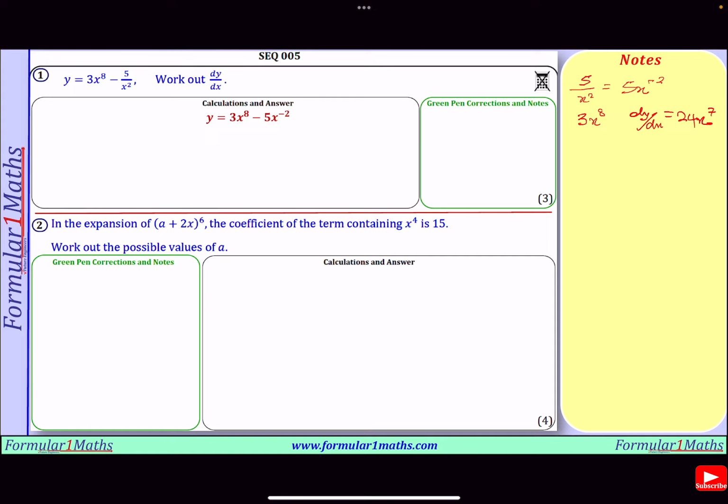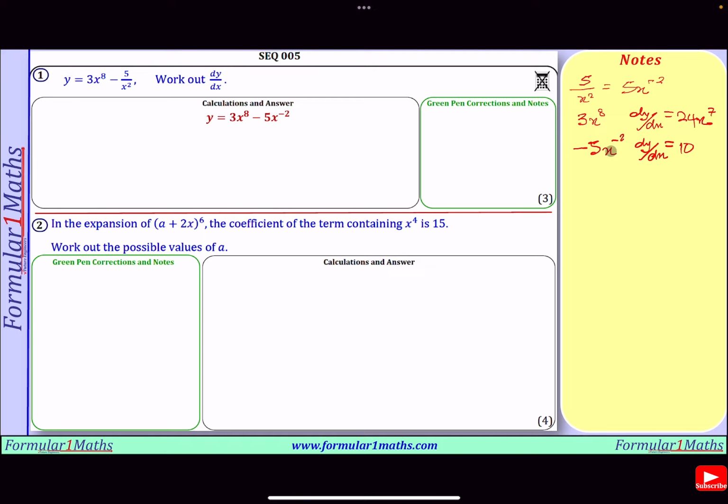for the second term, which is minus 5x to the power minus 2, dy dx will be equal to minus 2 times minus 5, which will be 10.